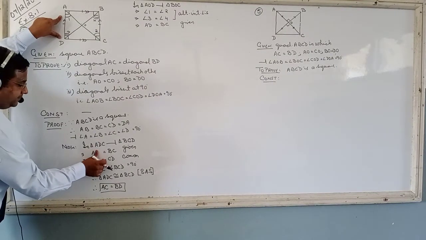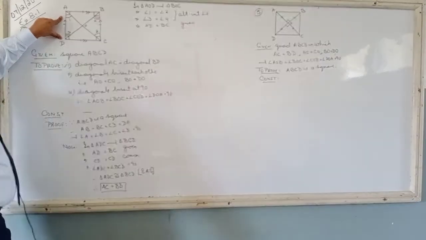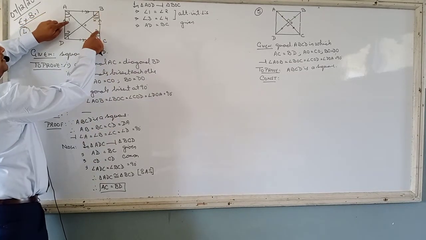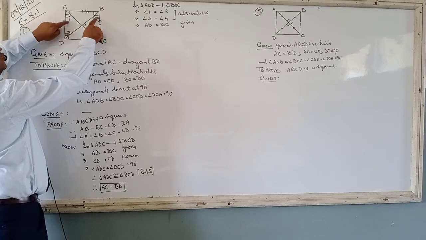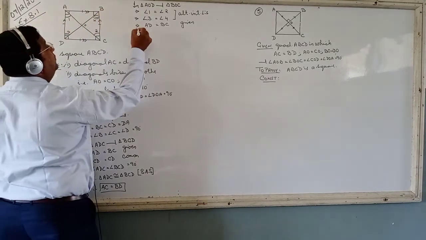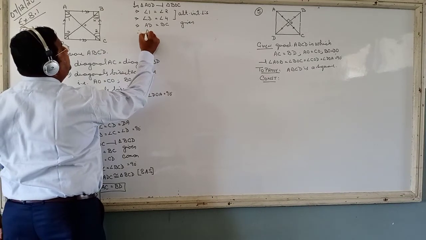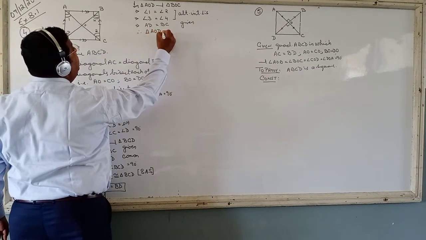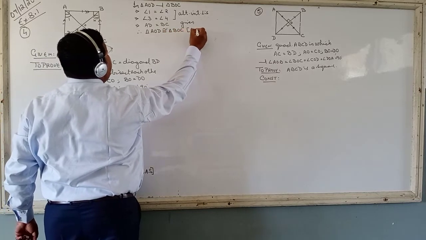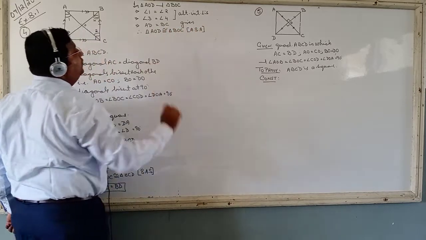Now check which congruency. AD equals BC, angle 1 equals 2, angle 3 equals 4, two angles are equal and the side between them is equal. So what congruency? ASA. Triangle AOD is congruent to triangle BOC by ASA congruency.